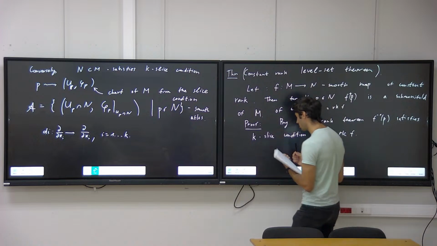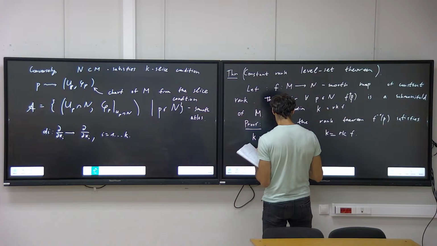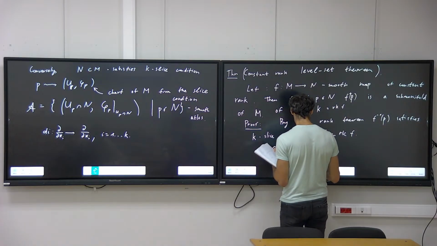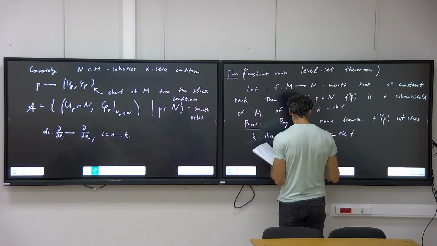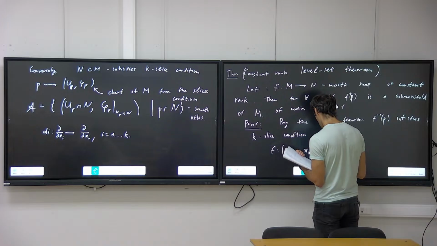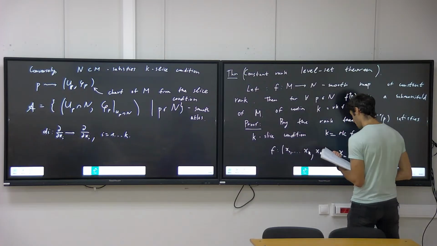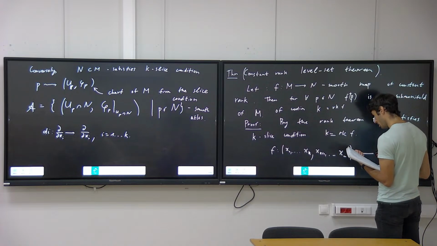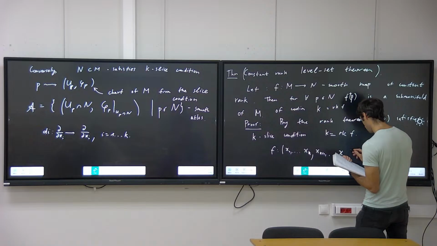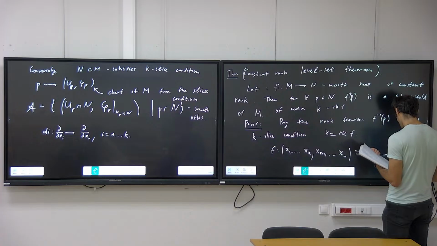Right. So okay, let's recall. So F in some coordinates looks like this: x1 ... xk, and then the rest of them, k plus 1, ... x, whatever is the dimension of M, and this equals x1 ... xk, and then zeros.